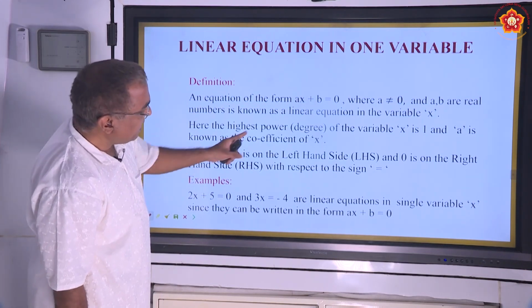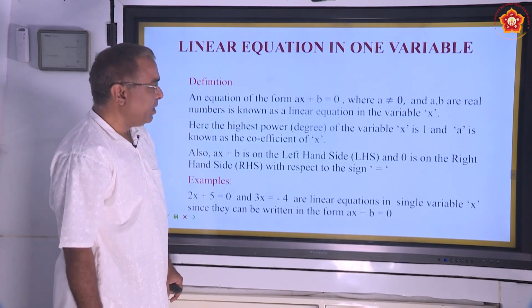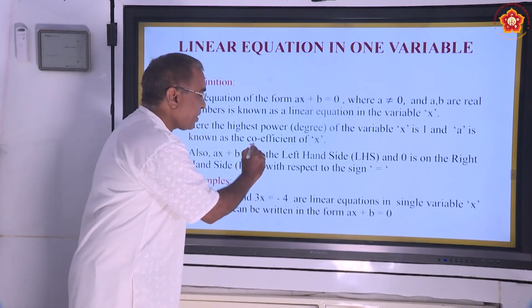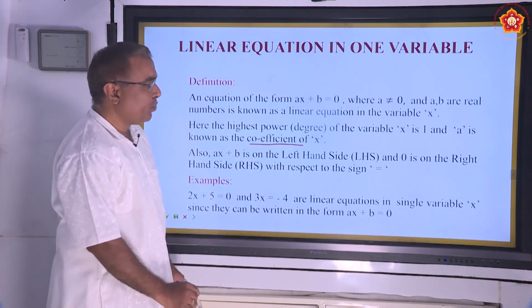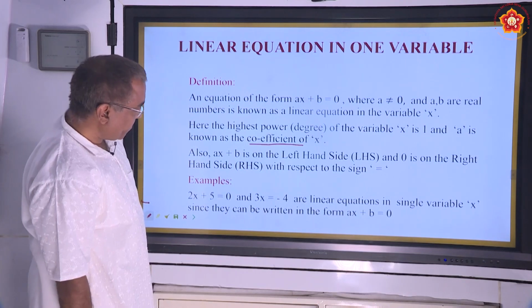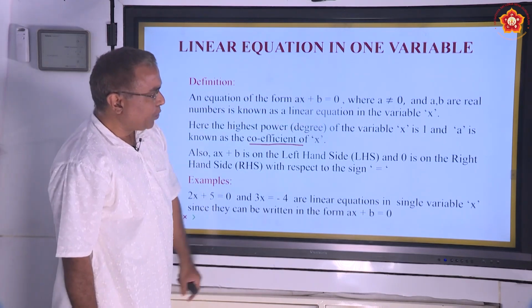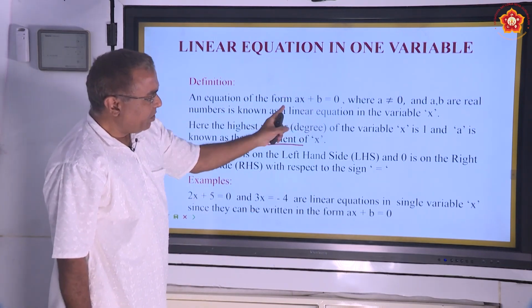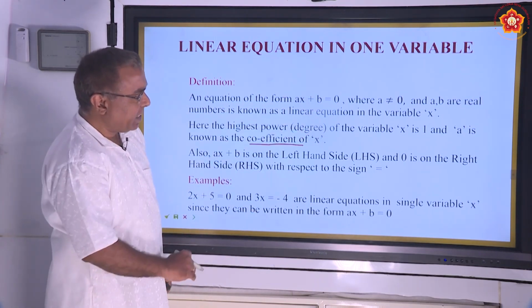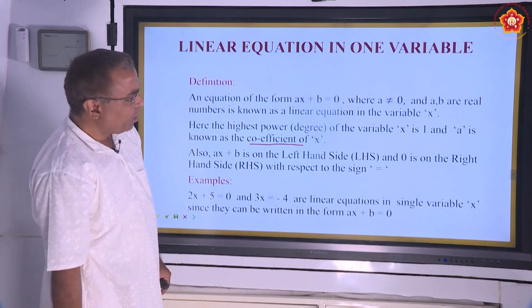And what is a known as here? It is known as the coefficient of x. Also, with reference to the equal to sign, we have the terms ax plus b on the left hand side and 0 on the right hand side of the equal to sign.